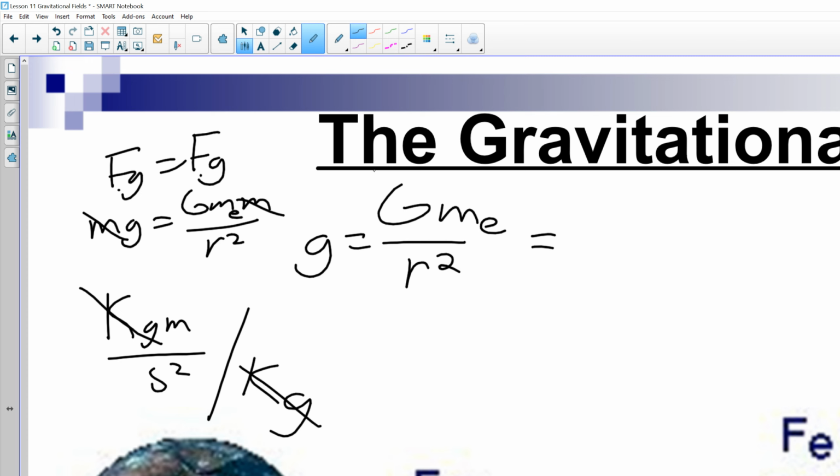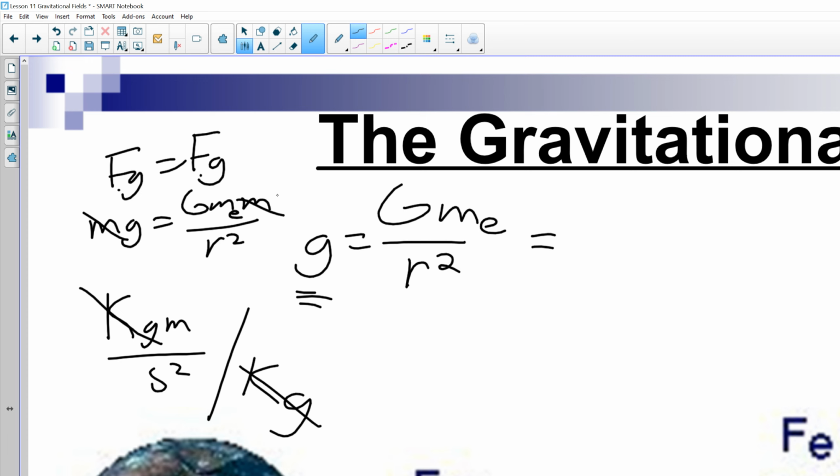And it says average radius of the Earth. So that changes depending on where you are. Like the equatorial radius, as we saw in that video the other day, is 26 miles greater than it is over the pole.